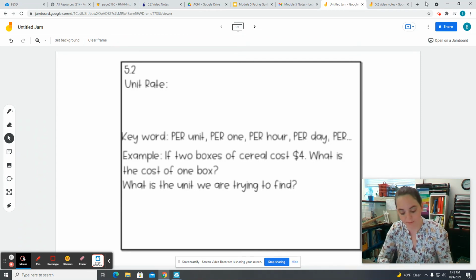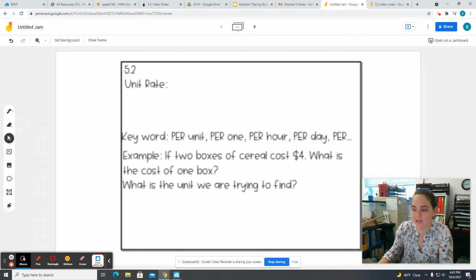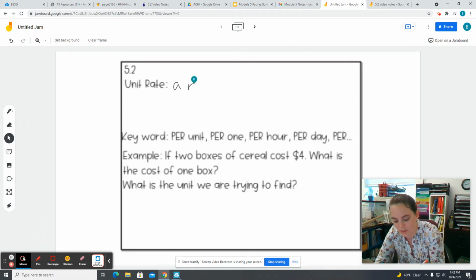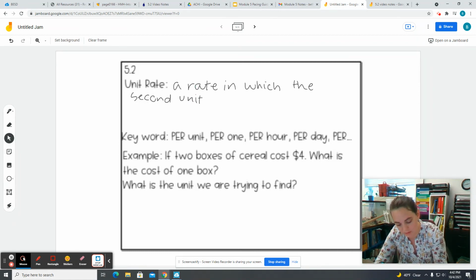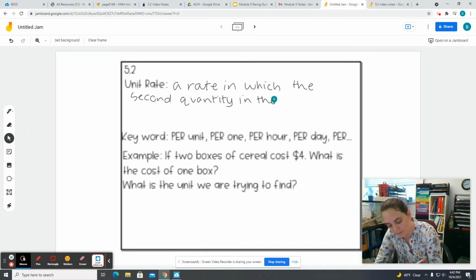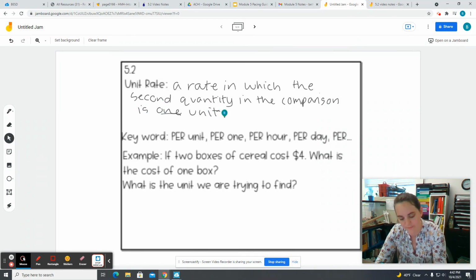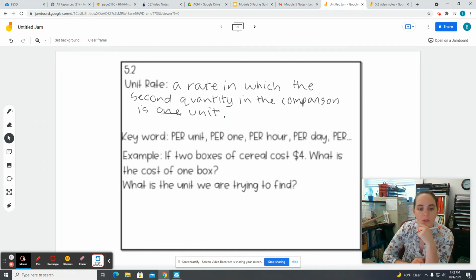Okay, so our unit rate, a unit rate is a rate in which the second quantity in the comparison is 1 unit. Is 1 unit.